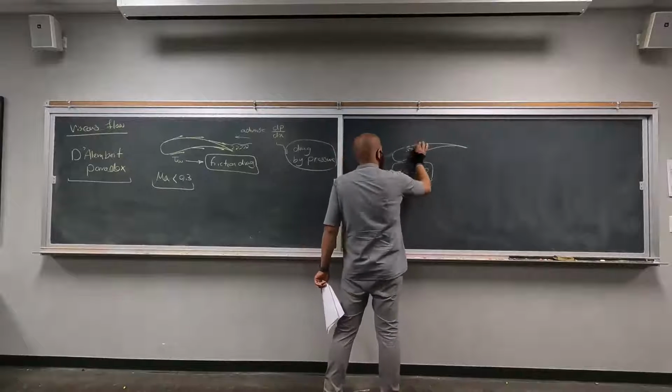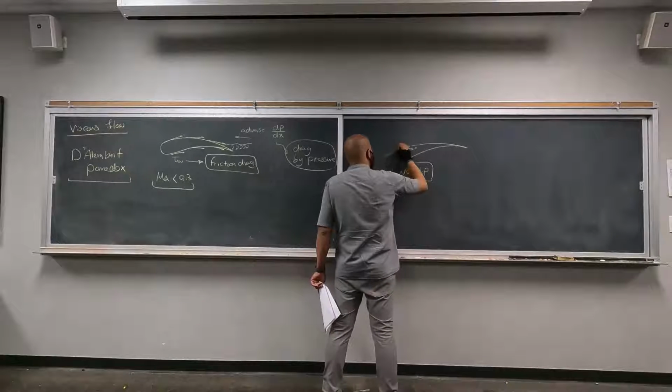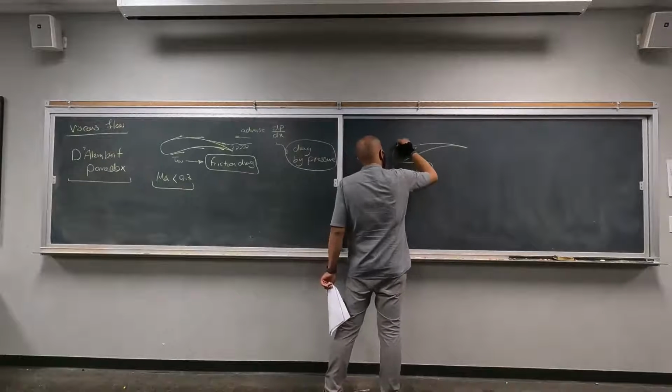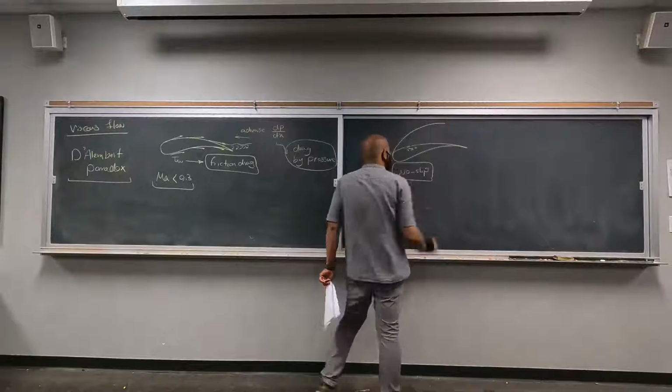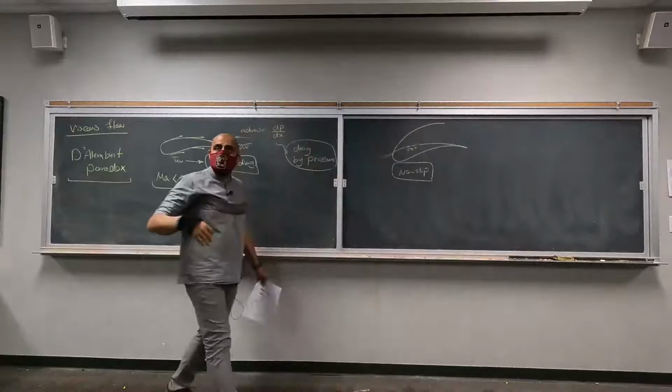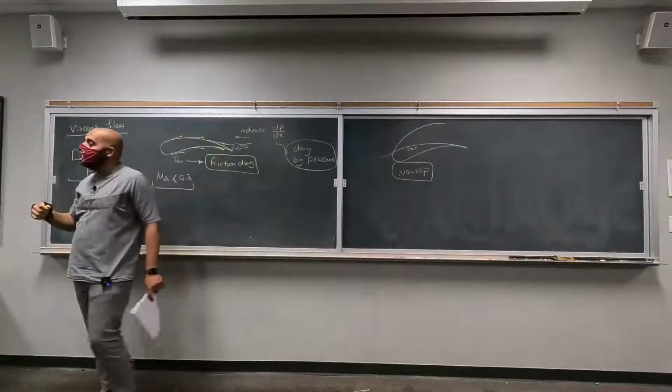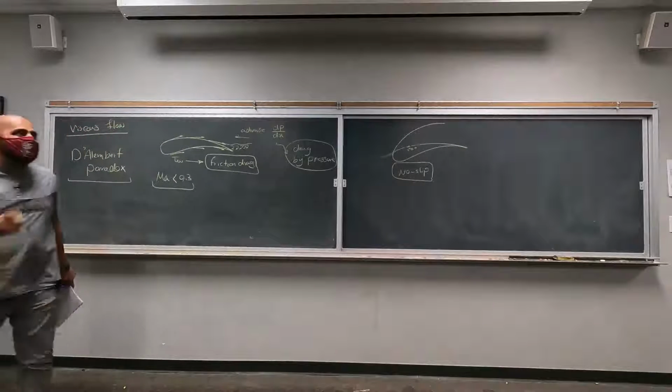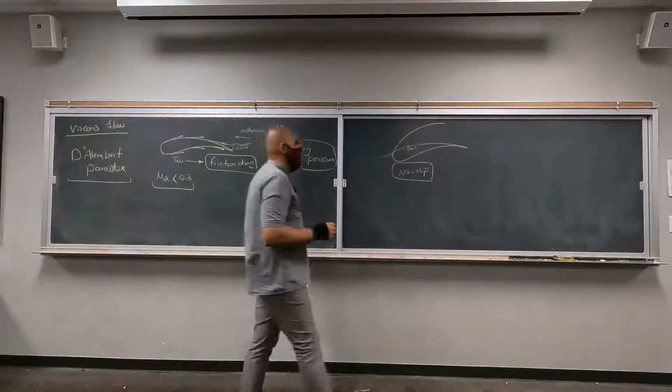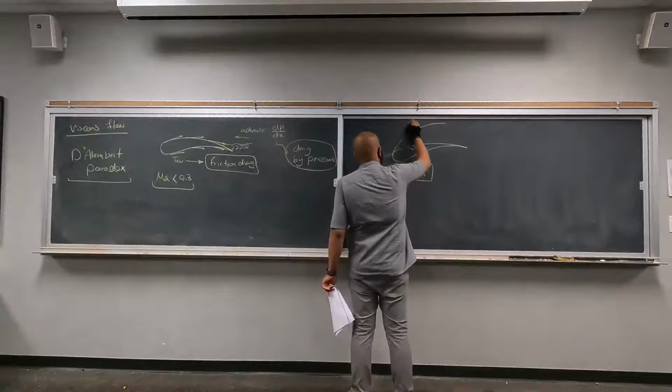And there is a momentum deficit here. And then this momentum deficit will decrease and decrease, which means that your fluid velocity is going to increase and increase until it reaches the free stream velocity, u infinity.